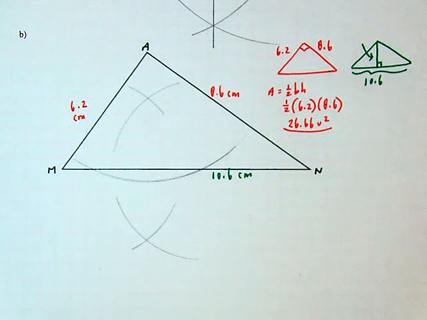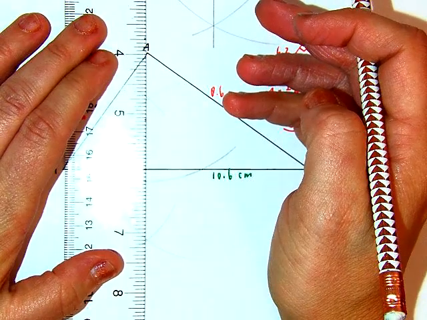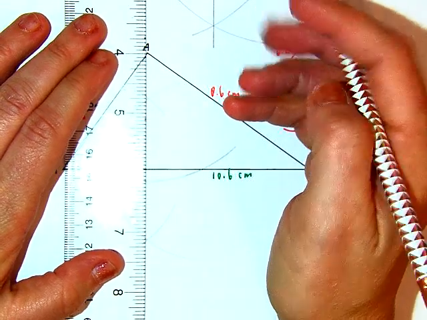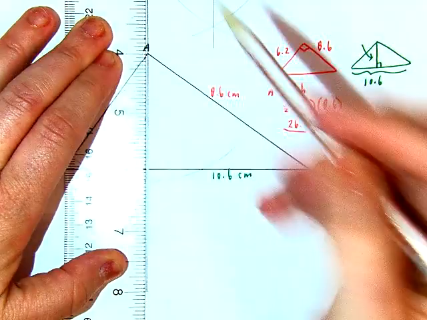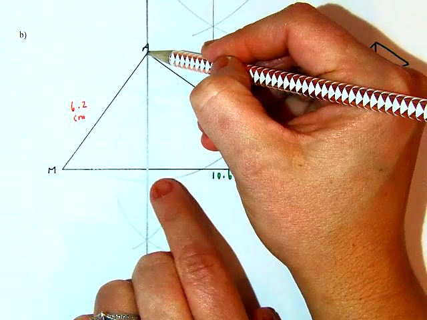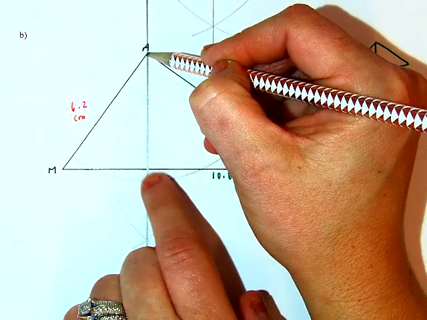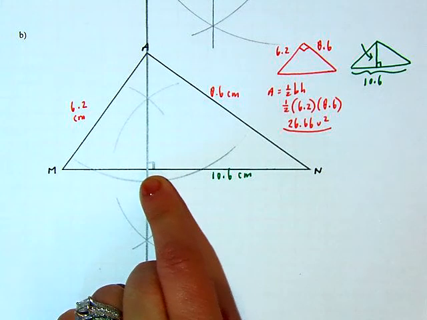Okay, when I draw in that perpendicular pathway, I can see that it's going to connect through point A as well. So there's my perpendicular pathway, right? But I'm interested in from A to where it meets the base because I know that is perpendicular.